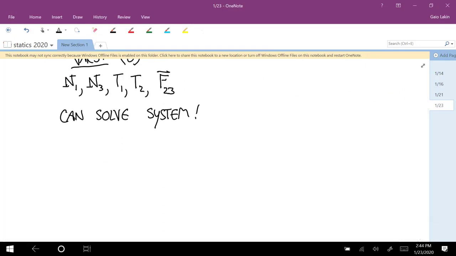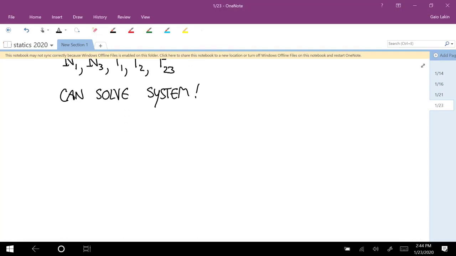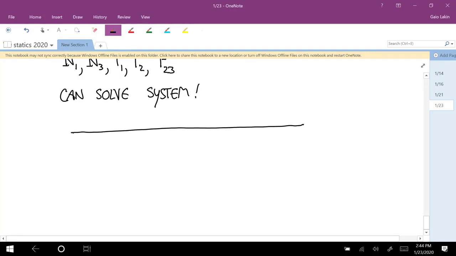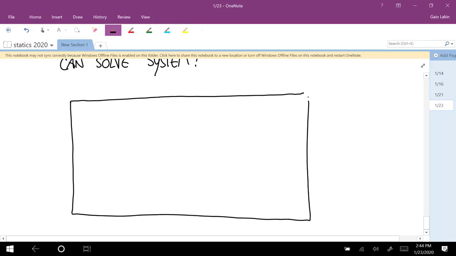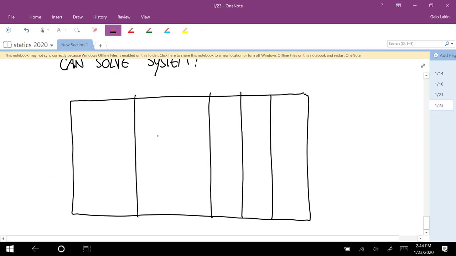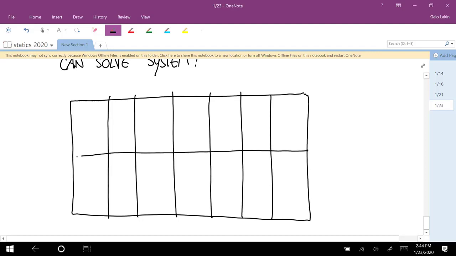Okay, so we have 6 equations and 6 variables. So we need a matrix that's 7 across and 6 down. So that's 7 columns, and then we need 6 rows.